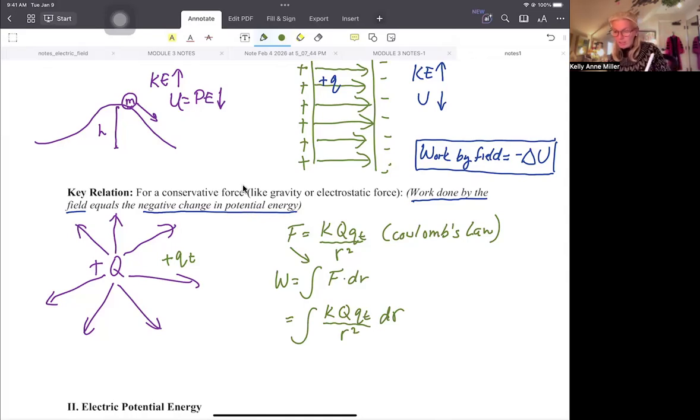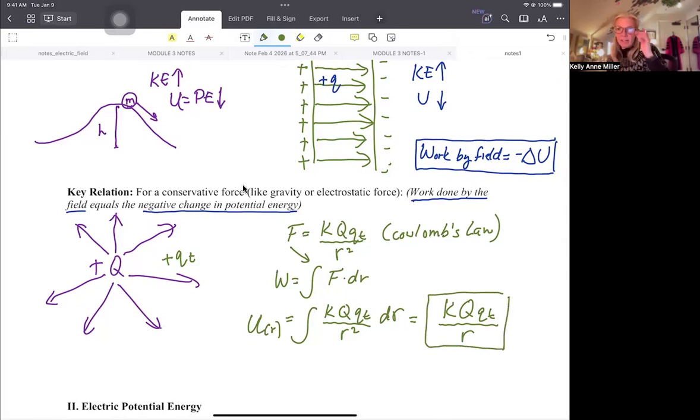So what this reduces down to is k times big Q times the test charge divided by r instead of r squared. Okay, that's the integral, and that equals the potential energy. That's the formula for the potential energy as a function of r. It is this.